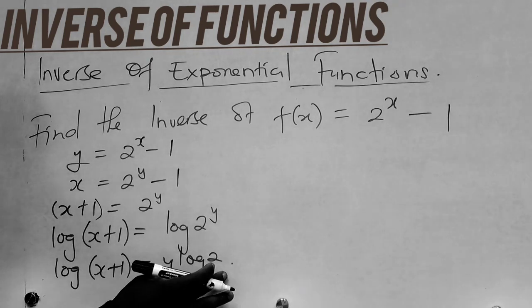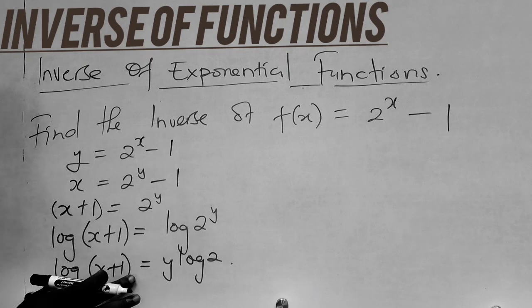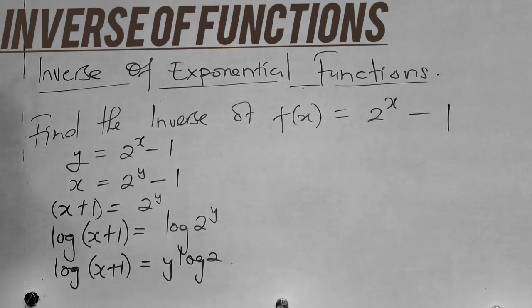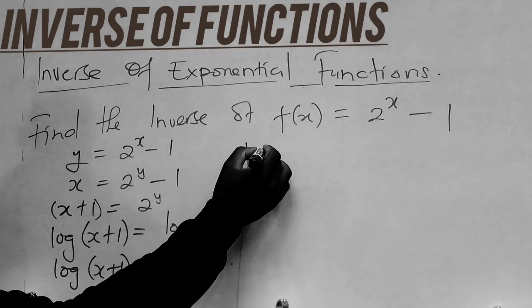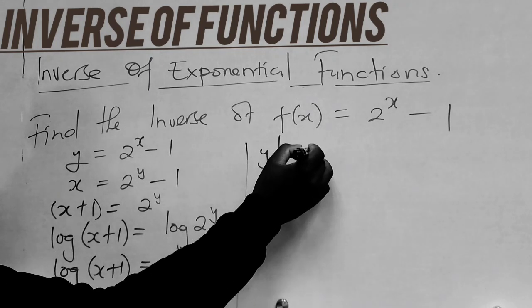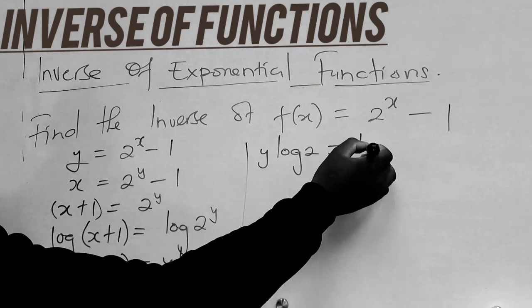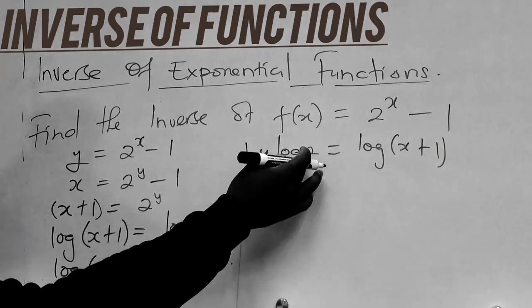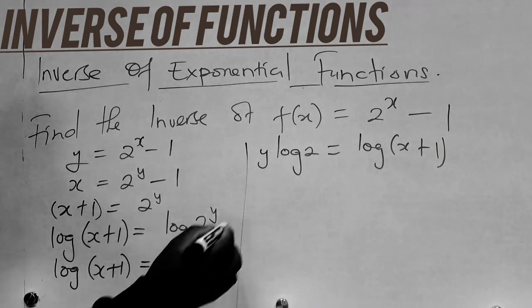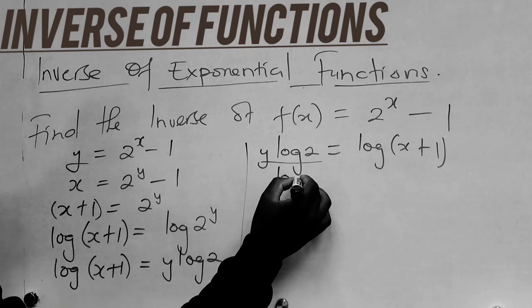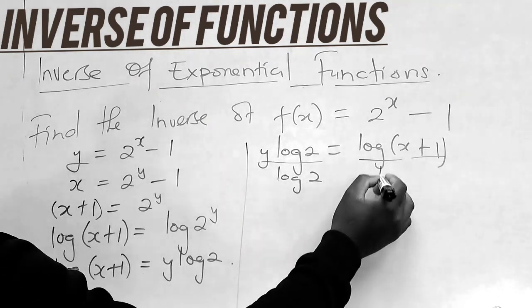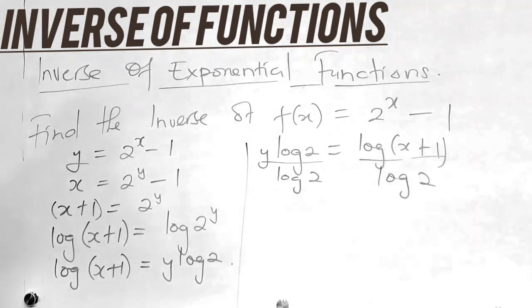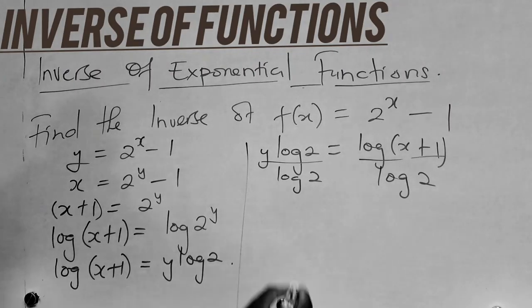So now let me write this one on my left hand side, this one on my right hand side. So y log 2 is equal to log of x plus 1. Then we divide by log 2 both sides, over log 2. Then log 2 and log 2 cancel.